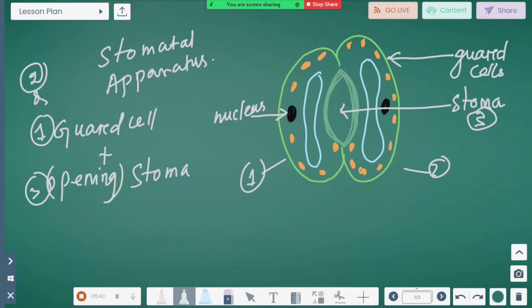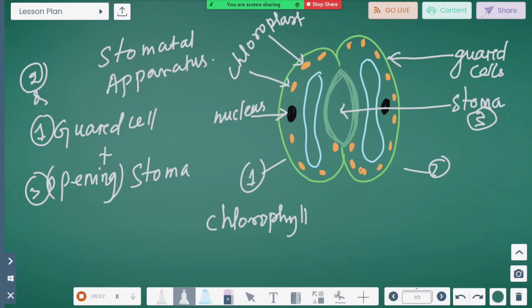The dark or black colored structure is the nucleus, and these granulated structures are the chloroplasts. Here you get the biggest hint: if chloroplast is present, there will be chlorophyll also.